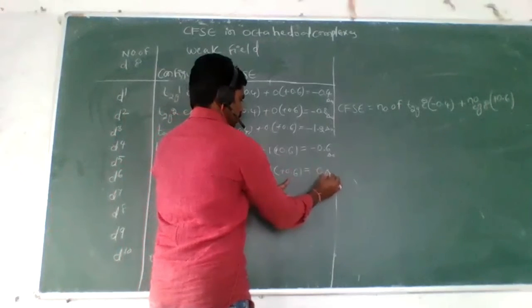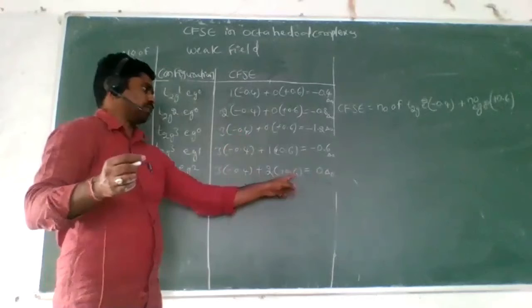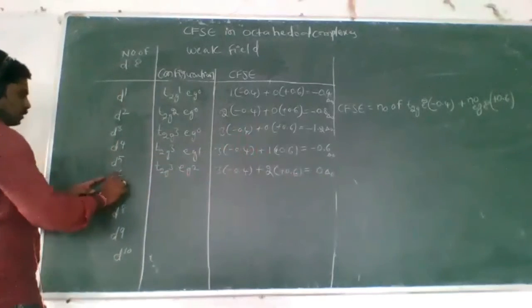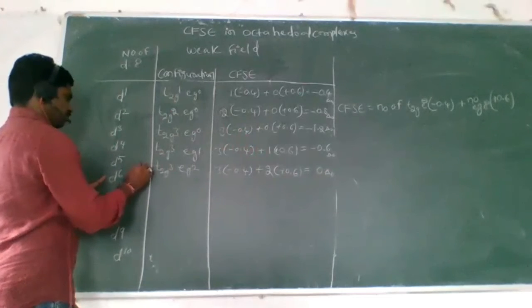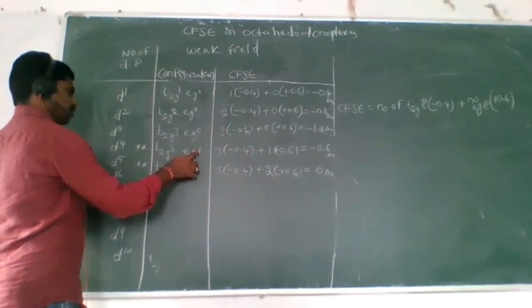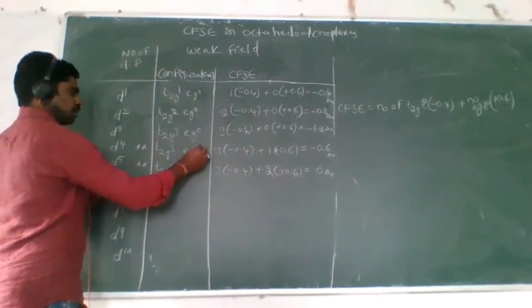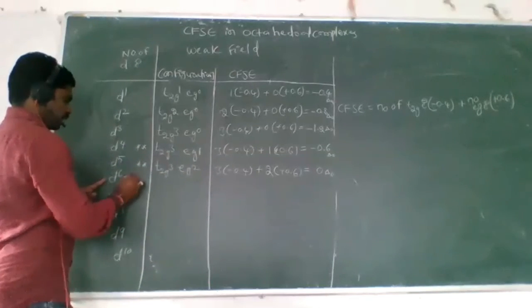That is delta naught equal to 0. 3 fours are 12, 2 sixes are 12. Very good. Here the half field is complete now. Remember two points: the fourth electron entering the eg, when going to the eg. Now after half field, the next one.